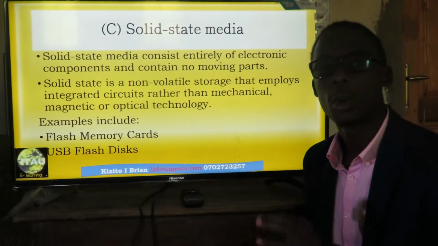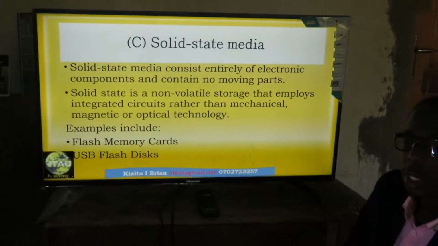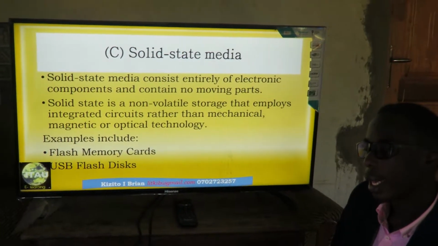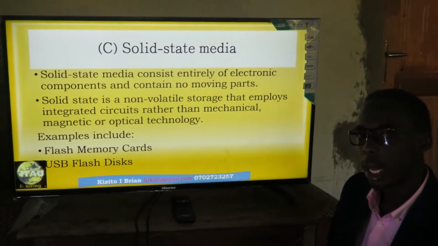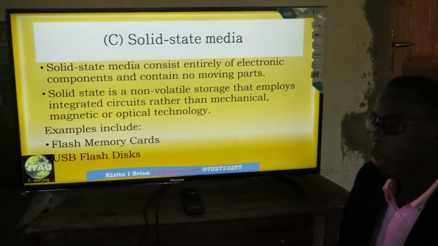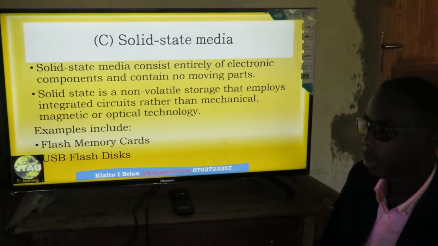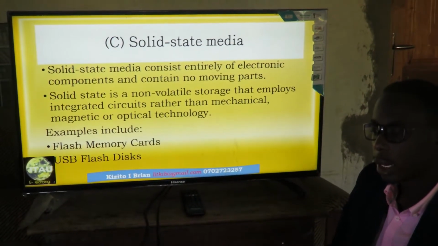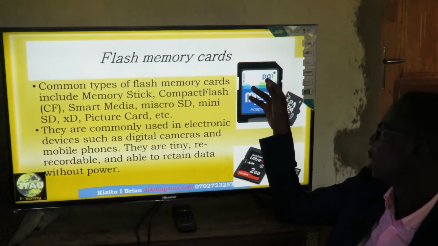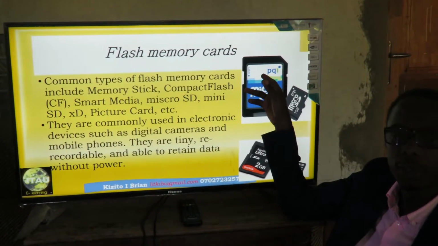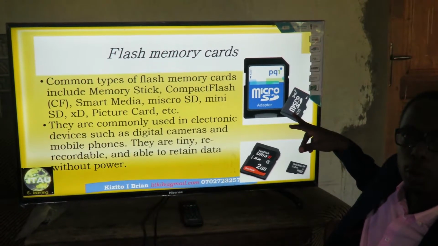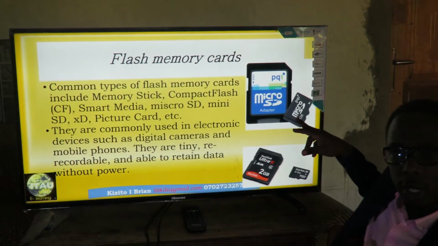Solid state storage media consist of entirely electronic components and contain no moving parts. Take an example of the memory cards, the flash disks, USB flash disks. These cards are normally used in video cameras, and these micro cards are used in your mobile phones.